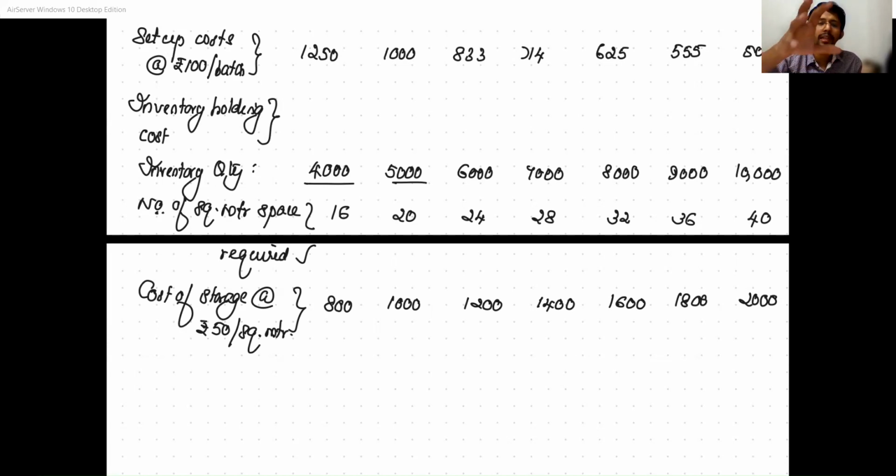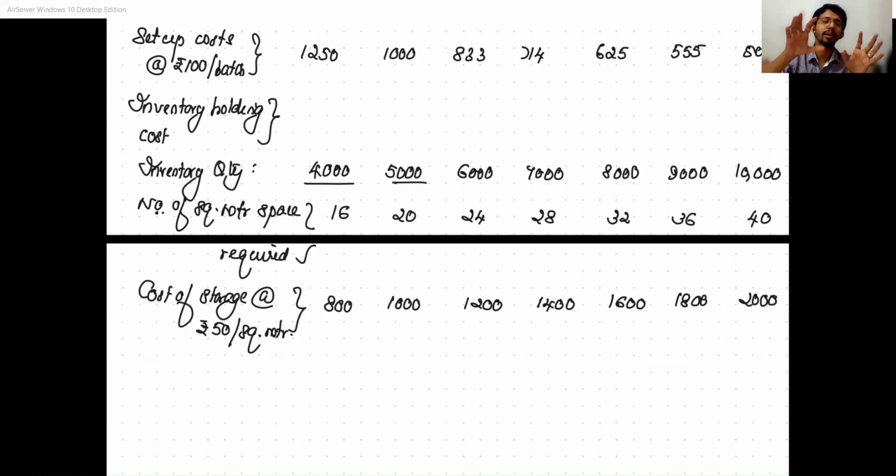So depending upon your inventory requirement, you can change the square meter space. Are you getting? Initially, at the time of your batch production, you may require 16 square meters. But after 5 days, you will not require 16. You will reduce it to 15, then 14, then 13. Like that, you can keep on reducing the space requirement as and when you sell the inventory.